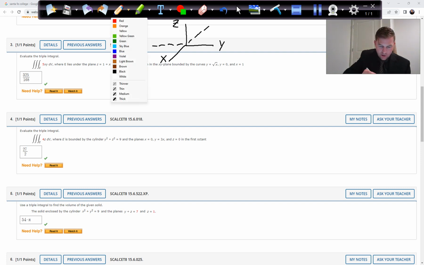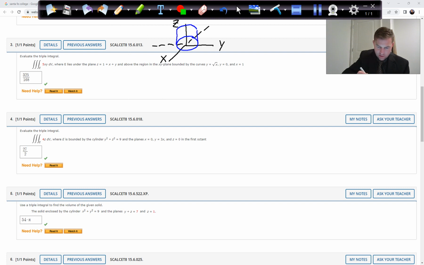So the starting one is basically a circular cylinder sitting on the xy plane and going up the z-axis. So this is our cylinder. Now we're going to cut this off at the points z equal 1.